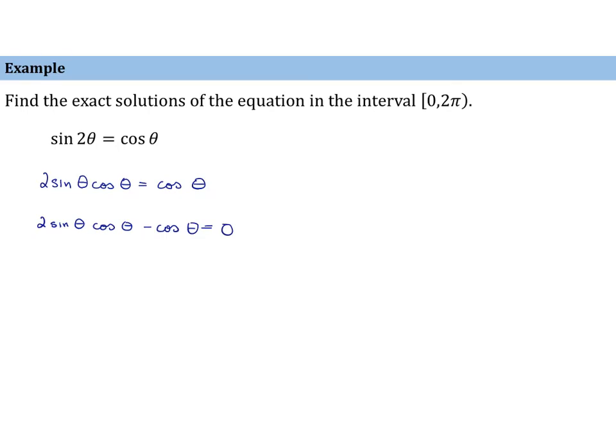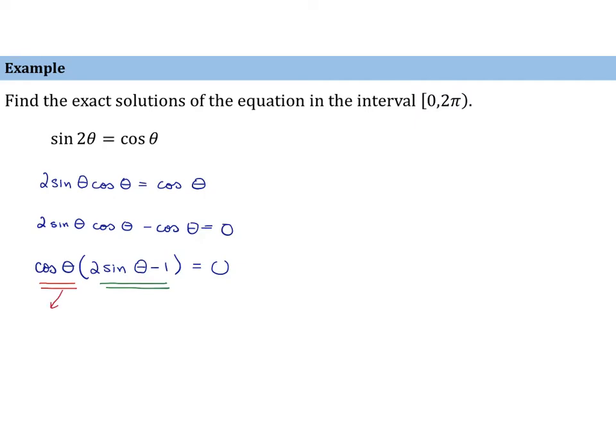Now we have a cosine of theta in both terms, so we can factor that out. And now we have two factors whose product is equal to 0. That means either this is equal to 0 or this factor is equal to 0.